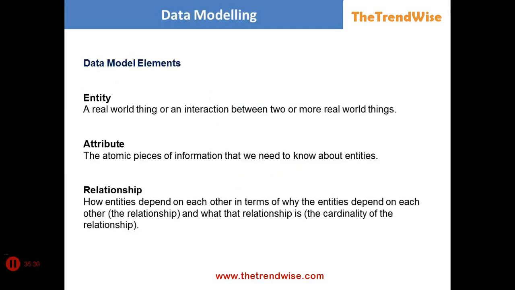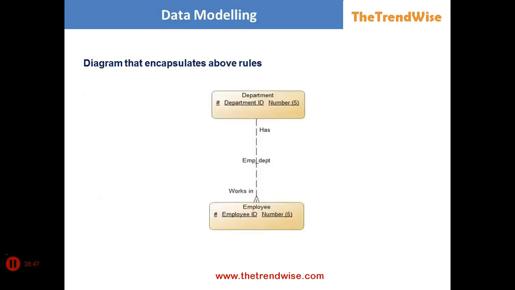I wanted to give you an example first before we go into the theoretical part. So now it would be easy to understand what an entity is. It's a real world thing or interaction between two or more real world things. An attribute is an atomic piece of information that we need to know about entities. If we go back here, inside these entities you see there is an attribute.